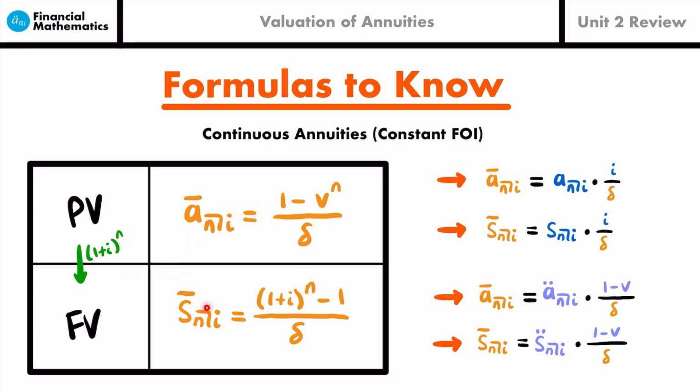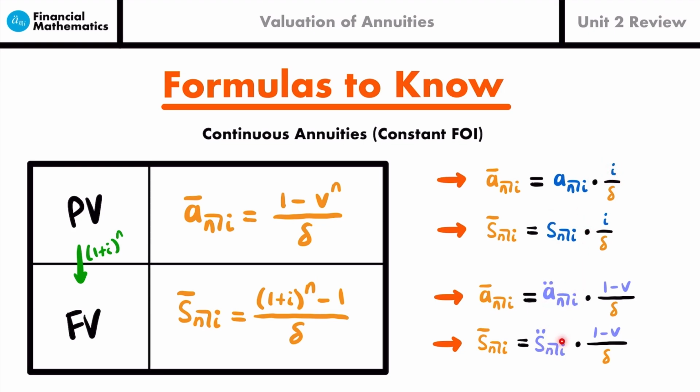Now, these formulas are very similar to our formulas for an annuity immediate and an annuity due, and so I have those relationships highlighted over here. Really all that's different is what is in the denominator of these formulas. So you can get the present value or future value of a continuous annuity by taking the corresponding formula for an annuity immediate and multiplying it by the interest rate divided by the force of interest.